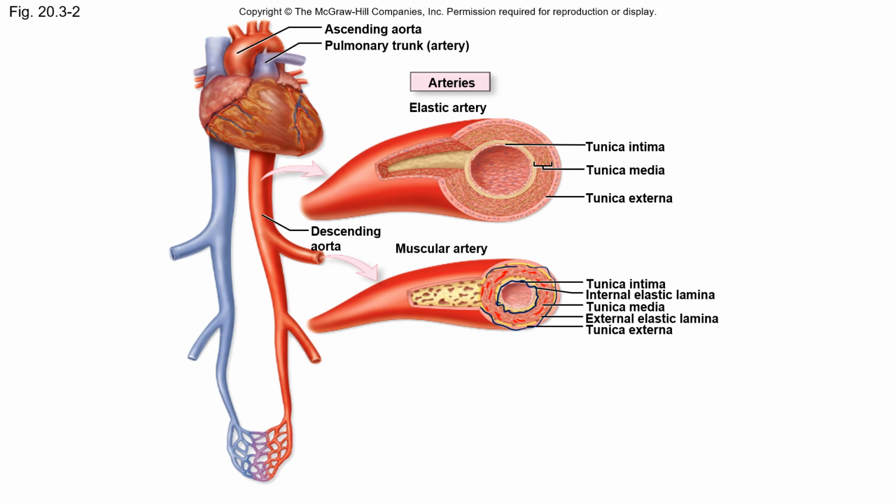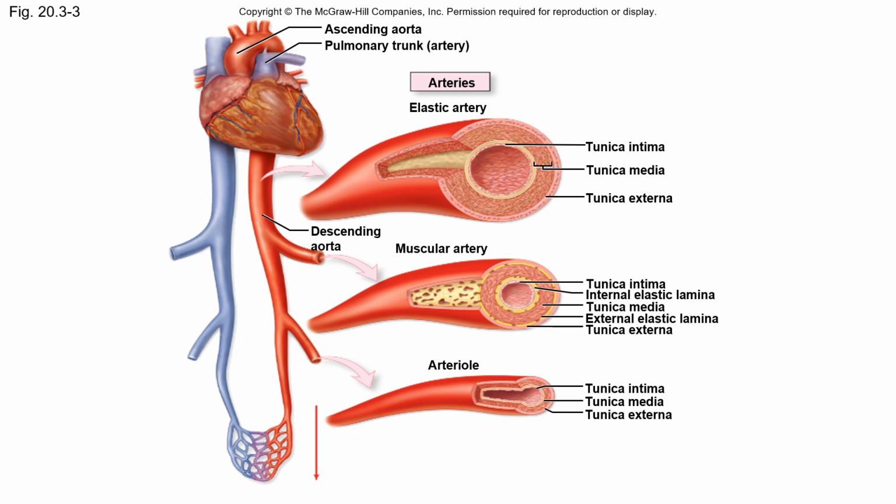Why the difference? Well, the aorta always carries blood. There's no reason to constrict it. So there's really no need for a huge amount of smooth muscle there. But the aorta takes the full brunt of the blood pressure coming out of the heart, so it needs to be able to stretch and snap back and stretch and snap back and stretch and snap back.